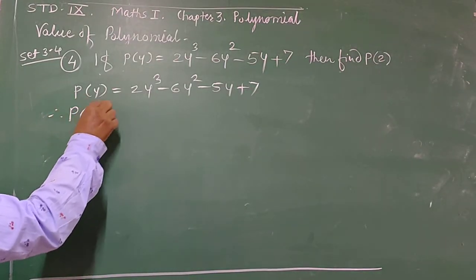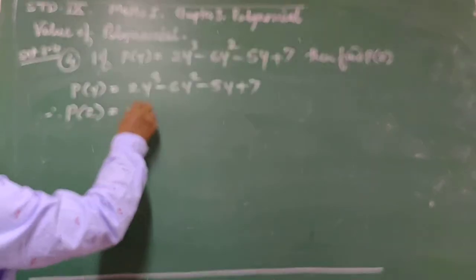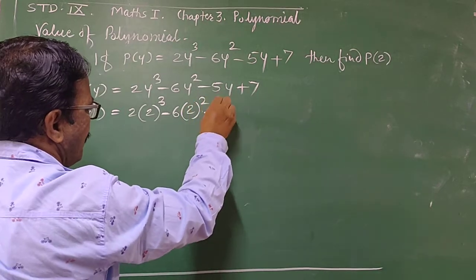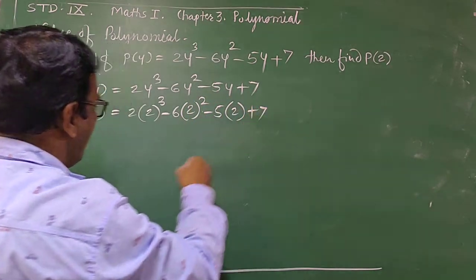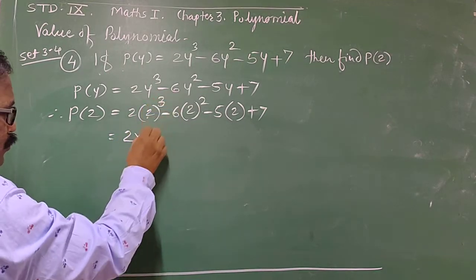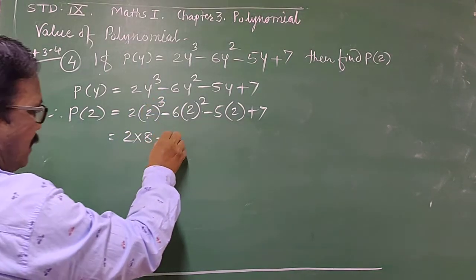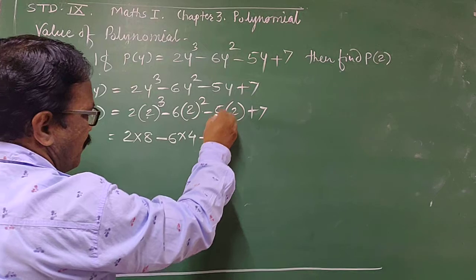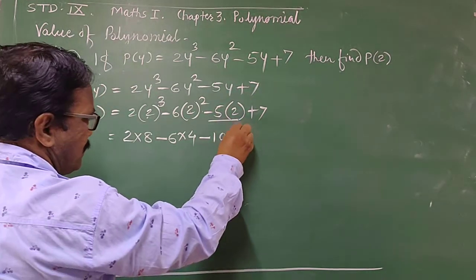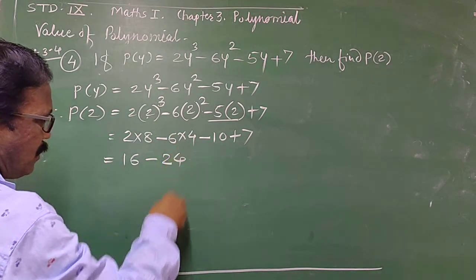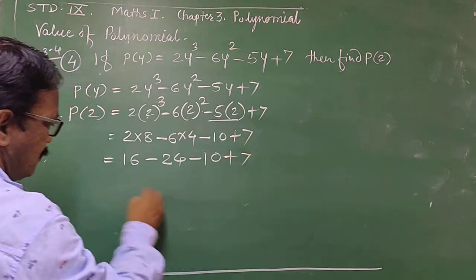So therefore p(2) is equal to 2 into 2 cube minus 6 into 2 square minus 5 into 2 plus 7, like this. So 2 into cube of 2, that is 8, minus 6 into square of 2, that is 4, minus 10 and plus 7. So 16 minus 24 minus 10 plus 7.